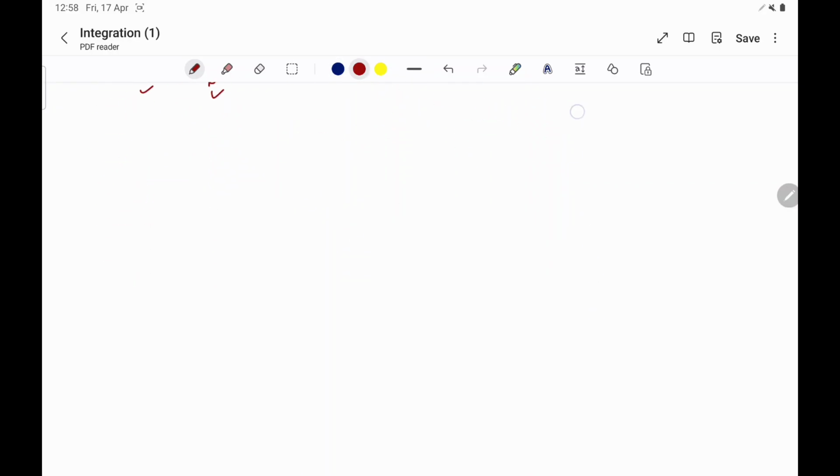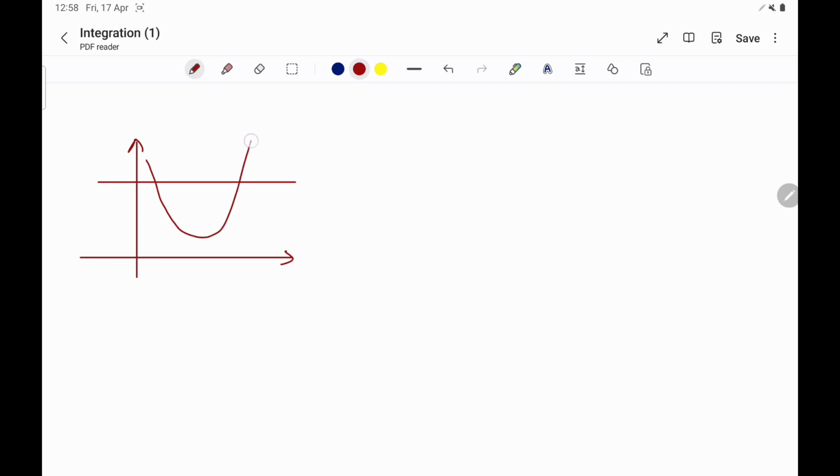Let's say we have another example. I draw first. I have a linear and also a quadratic. This is my y1, this is my y2. So where is the shaded part? It is the area bounded by these two curves, starting from intersection point A until B. To find this, remember, upper minus lower.